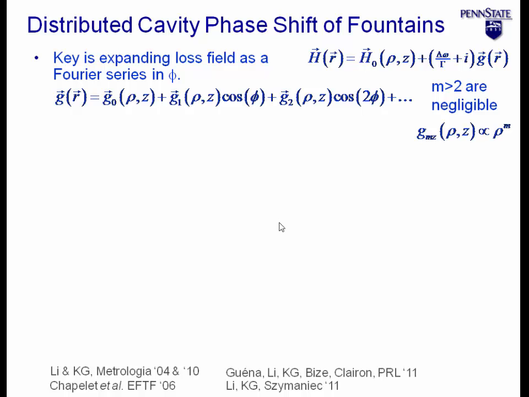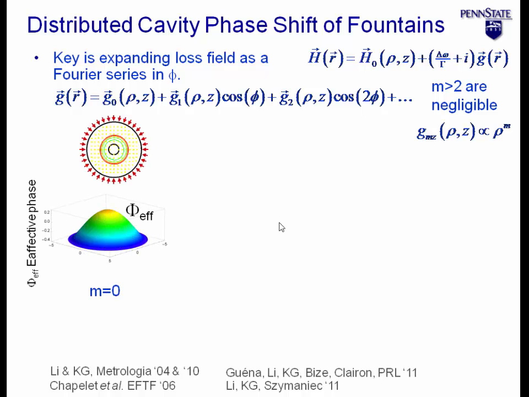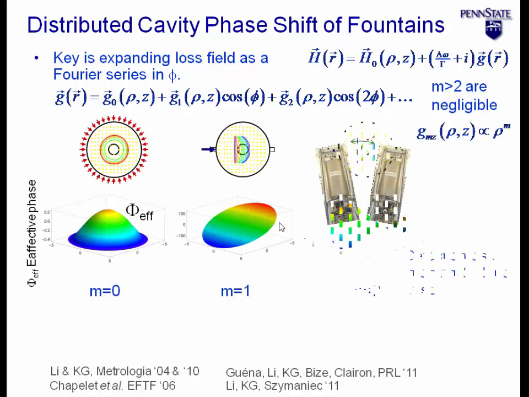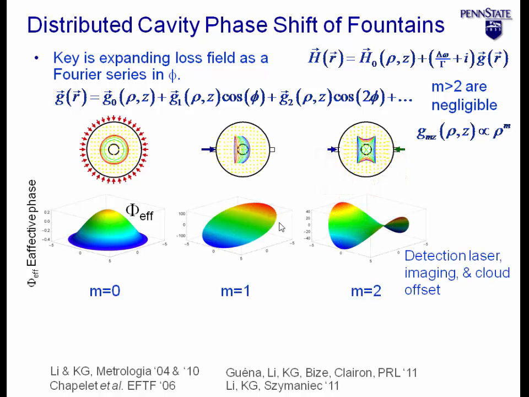So you only have to consider the first three Fourier modes: the azimuthally symmetric phase, which ends up being a longitudinal phase shift; potential unintended phase gradients, which we measure by tilting fountains; and then quadrupole variations, because the power is fed in on opposite sides and absorbed at plus and minus 90 degrees from the feeds.